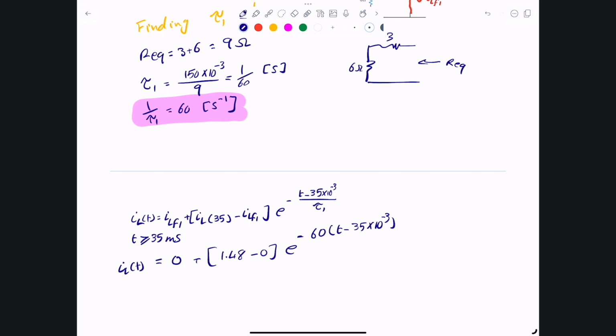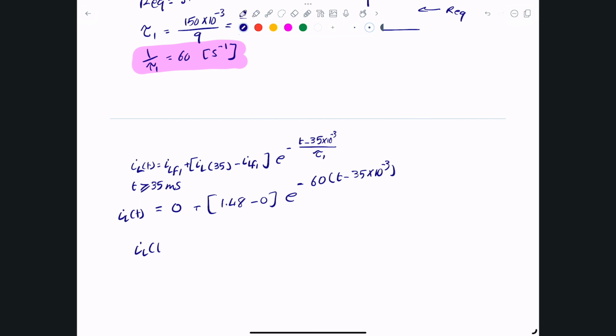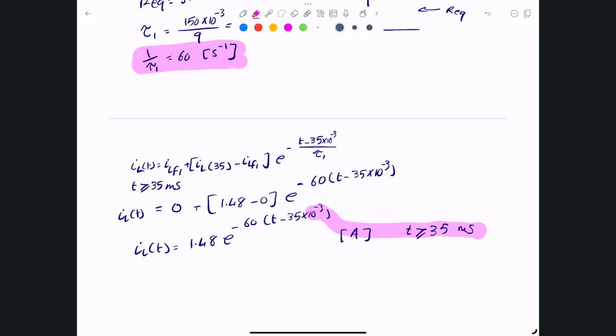Of course, the t in here should be in seconds because this is also in seconds. We clean this up, and IL of t is just simply 1.48 e to the negative 60 times t minus 35 times 10 to the negative 3. That's in amps, and that's for t greater than or equal to 35 milliseconds. So that's basically the second one here.